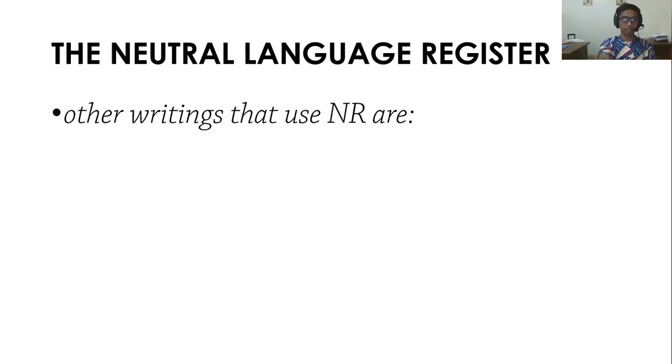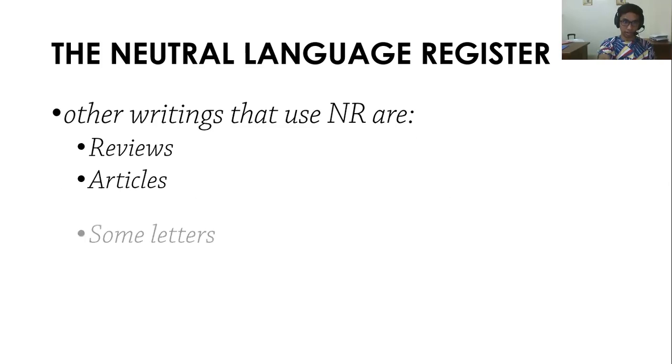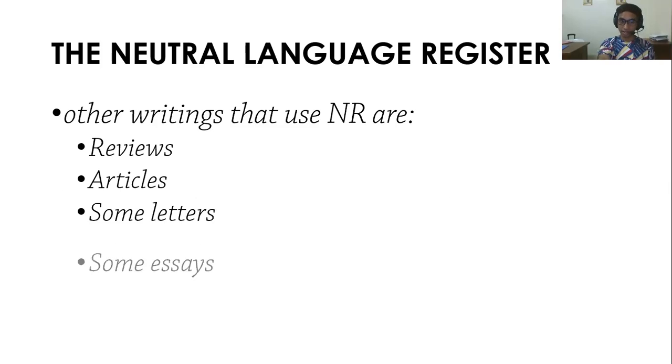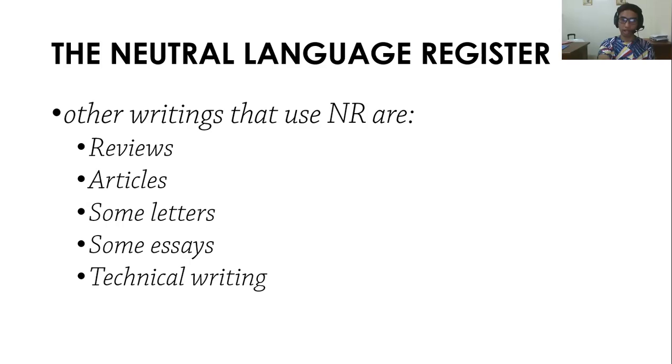Other writings that use neutral register are reviews, articles, some letters, not all letters, some essays, because not all essays, technical writing. Even the books that we're using in learning are in the neutral language register.